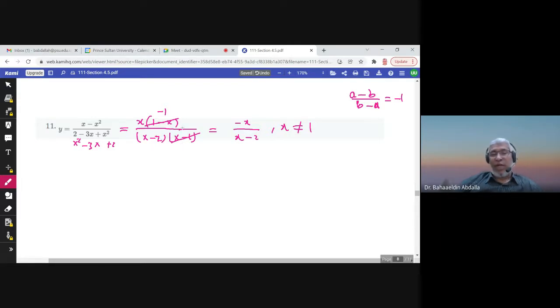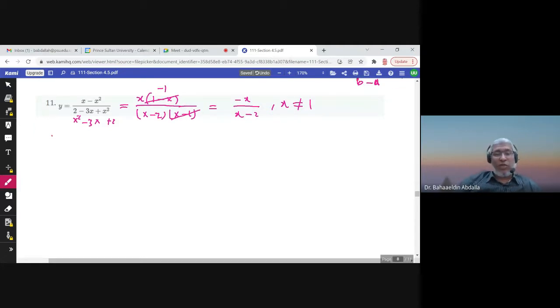It's true that I canceled these two, but I cannot replace x by 1 in the function. So if I ask you what is the domain of the function, the domain would be all real numbers except I have problem with 2 and I also have problem with 1.